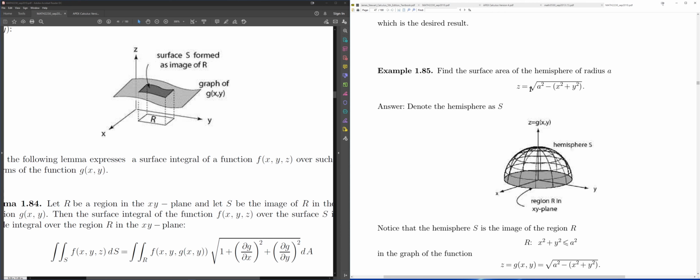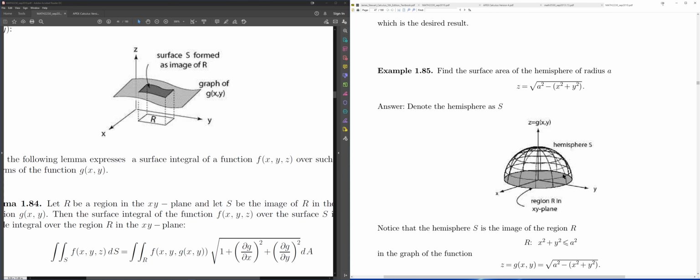You can always check: if you square both sides, you get z squared equals a squared minus x squared plus y squared. And if you carry the x squared plus y squared across to this side, you have x squared plus y squared plus z squared equals a squared, which would be a sphere of radius a. But what I have is half of that, and half of that is z equals the square root of a squared minus x squared plus y squared.